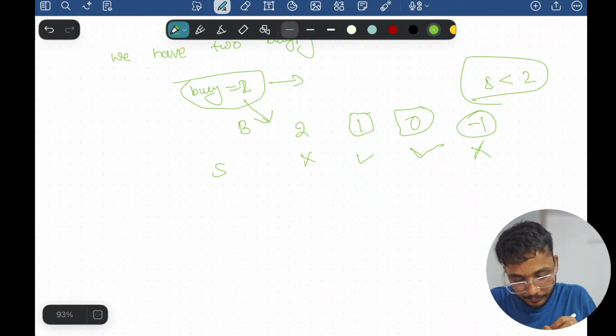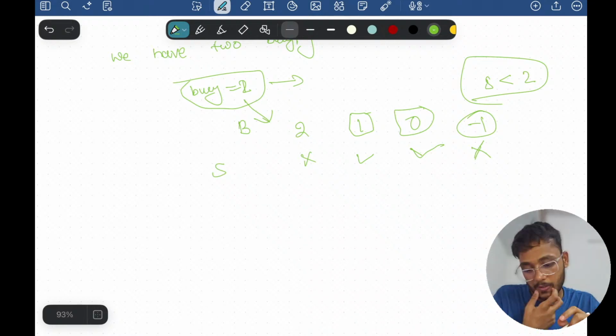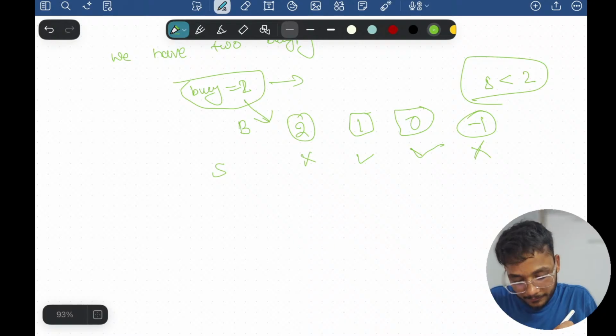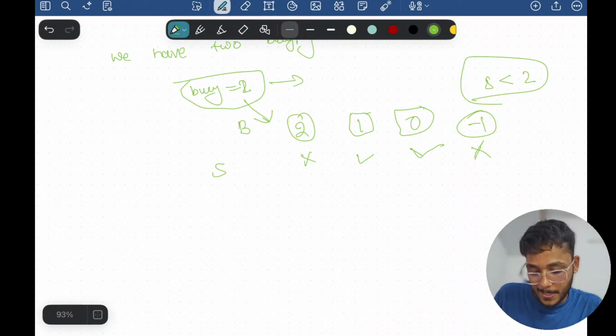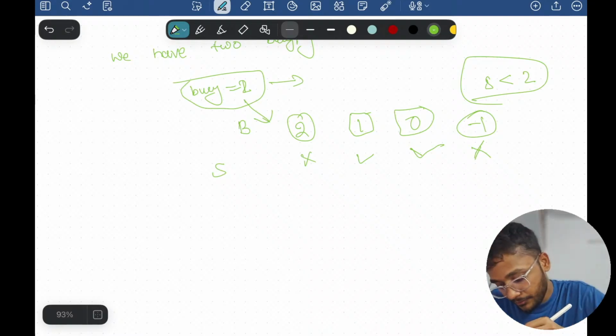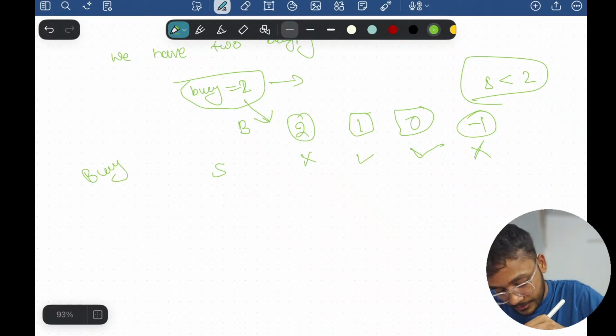And the possible options when you can buy: when buy is 2, then you can buy. When buy is 1, then you can buy. Now I need to think more. One more thing: we have two variables to control it, buy and sell.